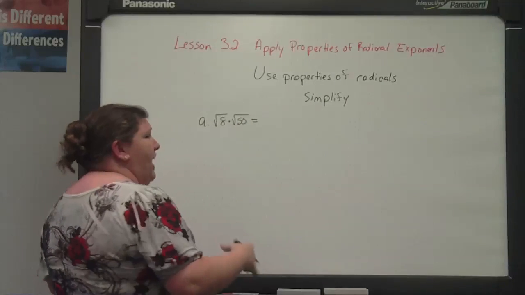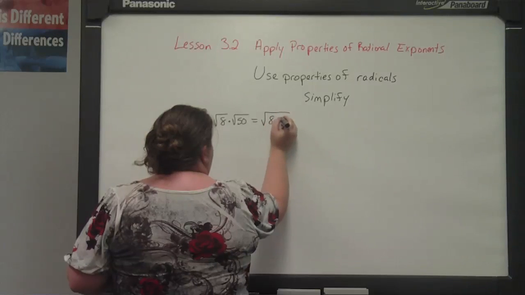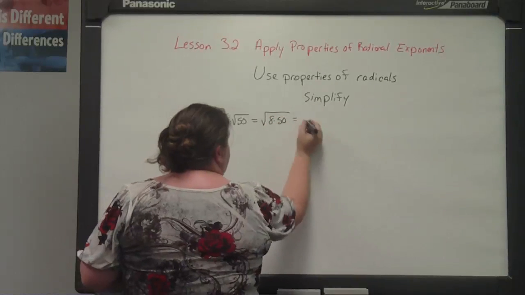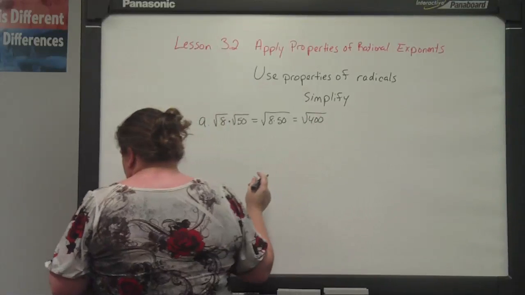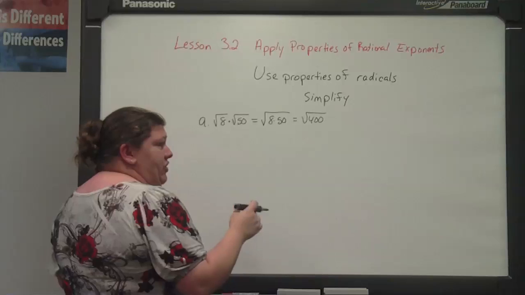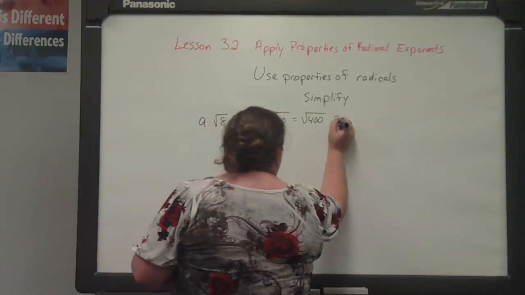We can rewrite that as the square root of 8 times 50, which gives us the square root of 400. From here, we just say, well, what times itself equals 400? And it gives us 20.